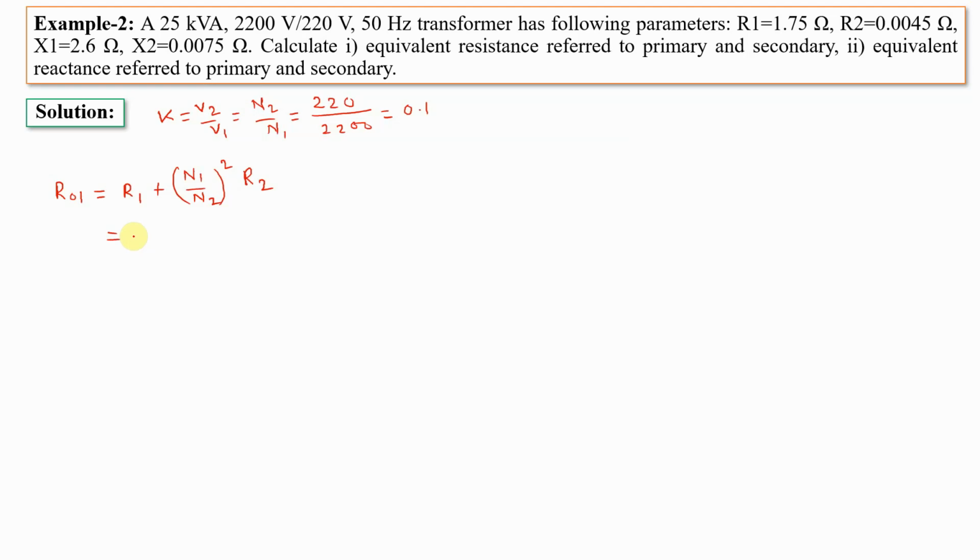The value of R1 is 1.75, given in the question, plus (1 upon 0.1) square into R2, and the value of R2 is 0.0045. So the equivalent resistance referred to primary will be 2.2 ohms. This is the value of R01.